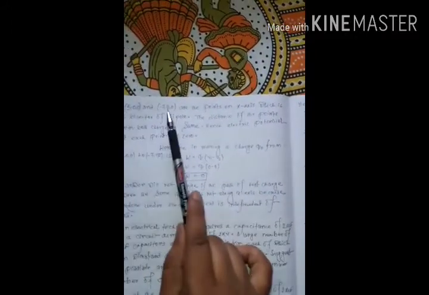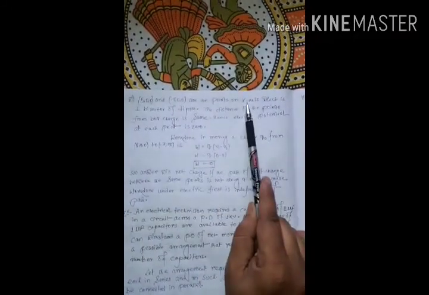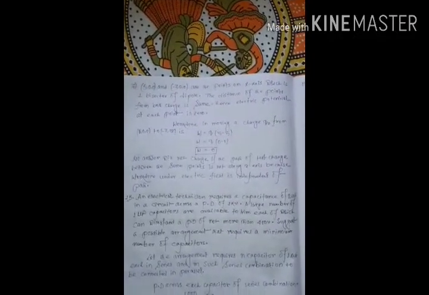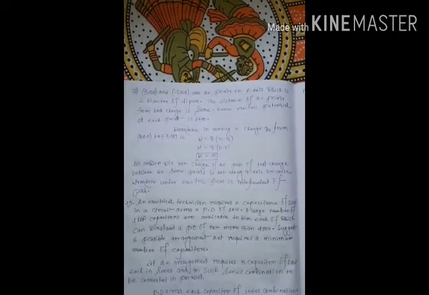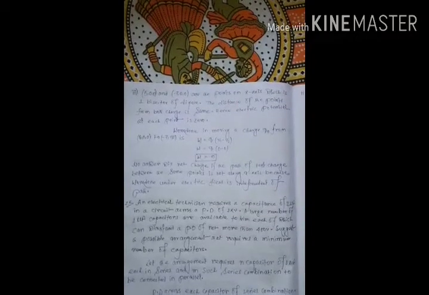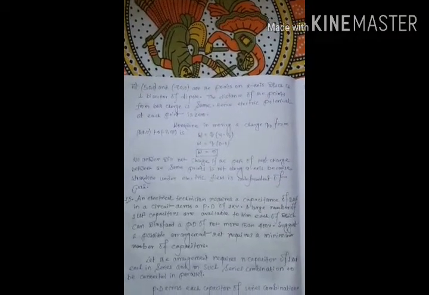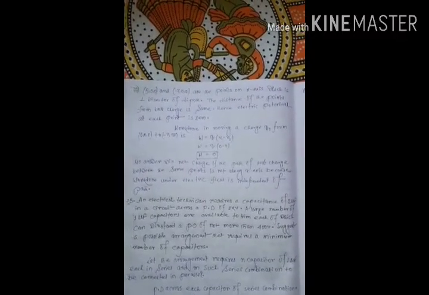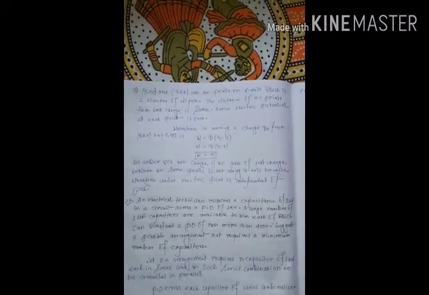Both the points are situated on the x-axis, which is the perpendicular bisector of the dipole. Therefore, the distance of both points from both charges of the dipole is the same. That's why the potential at the point (5, 0, 0) and at the point (minus 7, 0, 0) is 0.